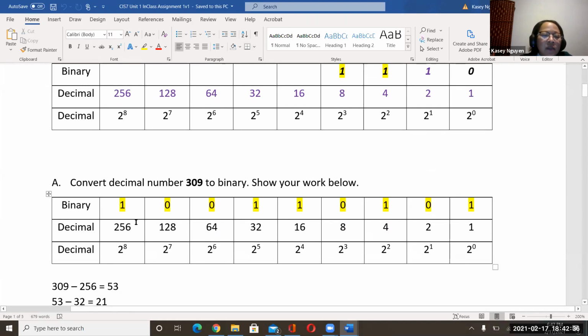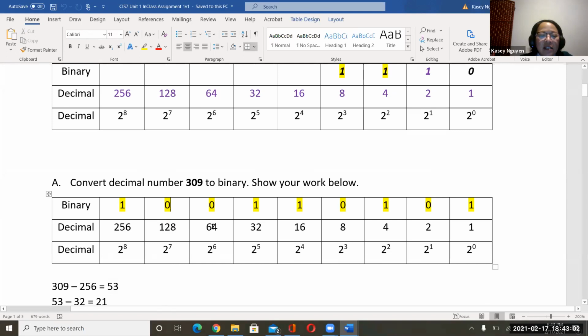If you subtract it, you put a 1 on top. So once we subtract 256, we have 53. I cannot subtract 128 with what's left, because I have 53 left. 128 is too large, so 0.